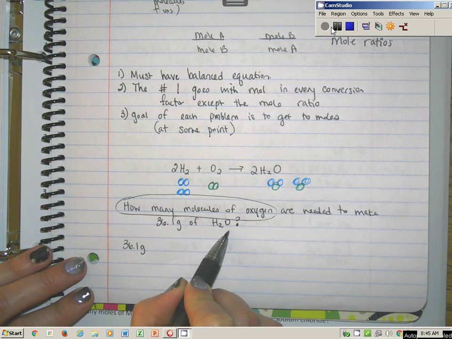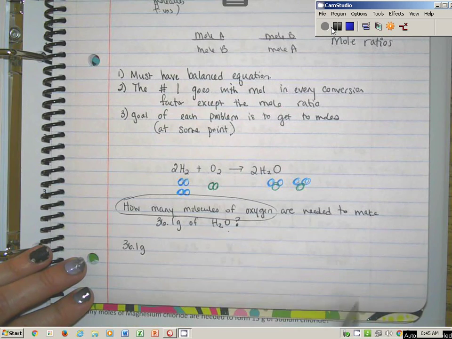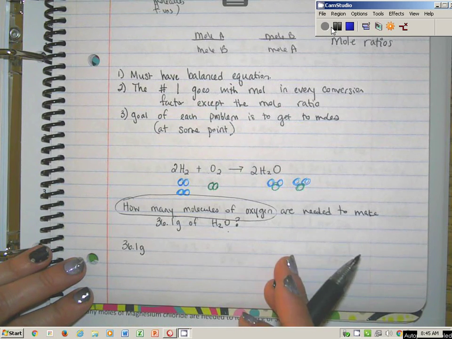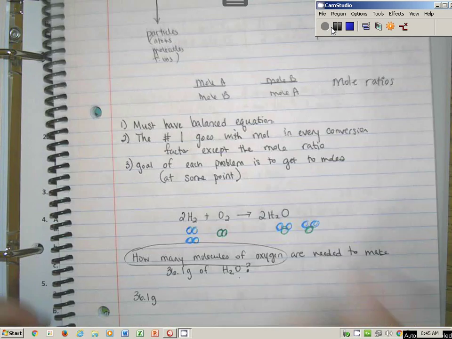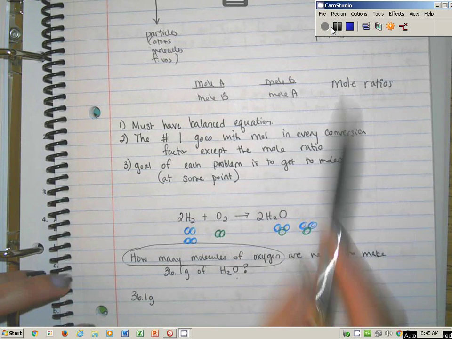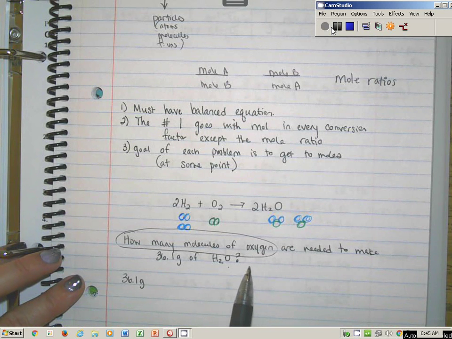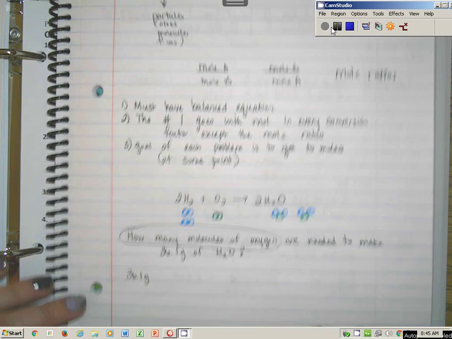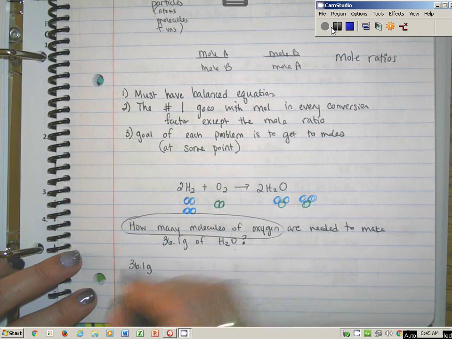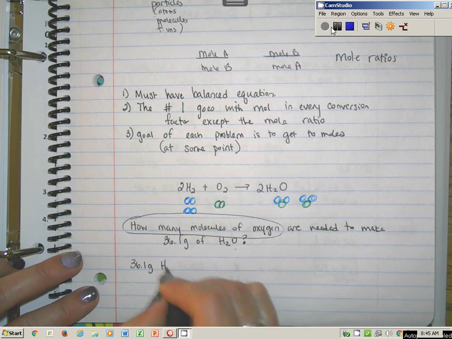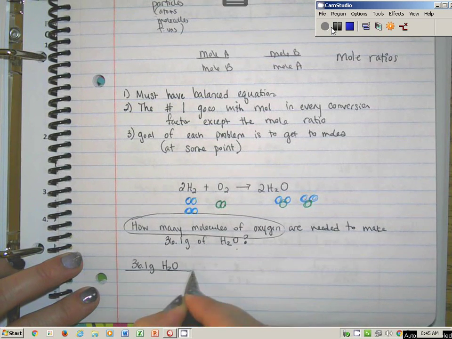Do you see that? So another tip for you is how I know that this is going to have one of these mole ratio things in it is because it gives me info about one substance and it asks me about something else. Our previous problems used the same substance the whole way through. So, I start out with 36.1 grams of H2O, and then we do what we've been doing.